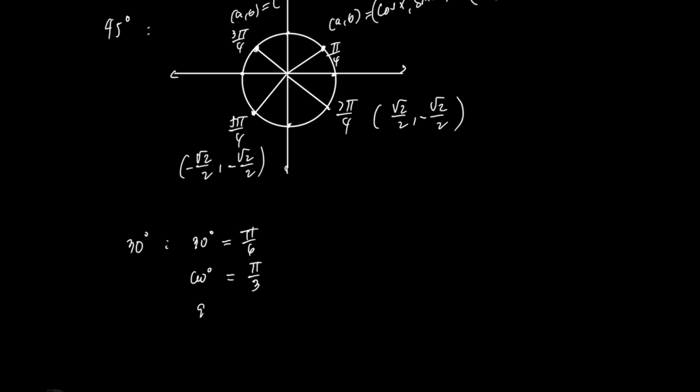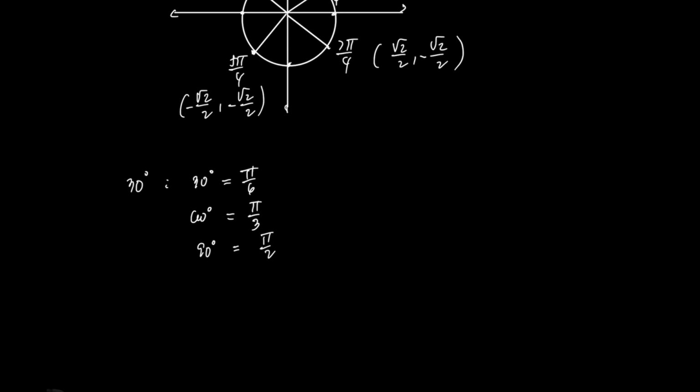Then we have the 90 degrees, which is the quadrantal angle, pi over 2. Then we also have 120 degrees, and 120 degrees is 2 pi over 3, and so on. Okay, you can complete the table, you can complete the circular functions, and then the point AB.